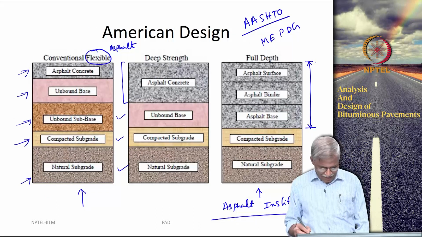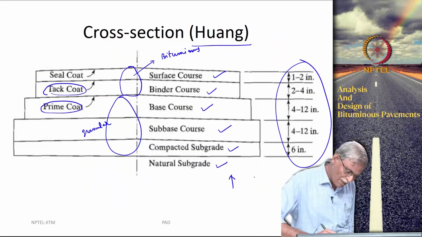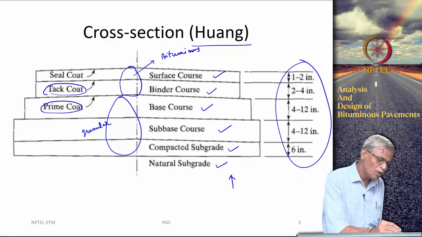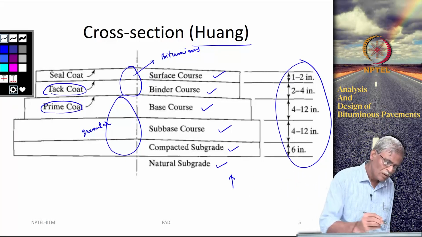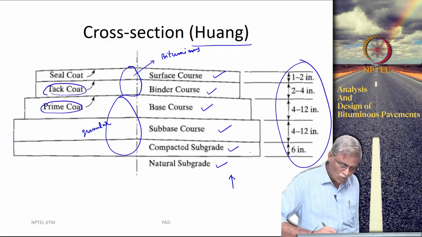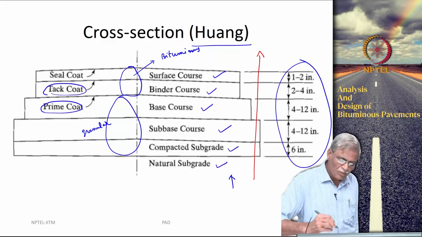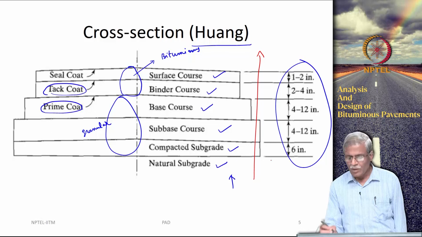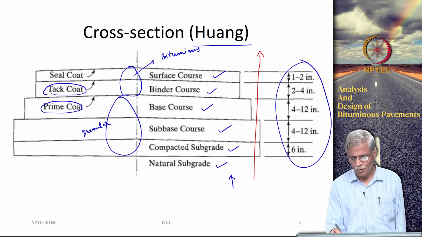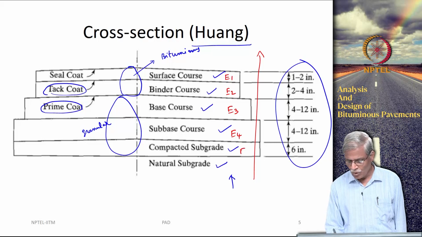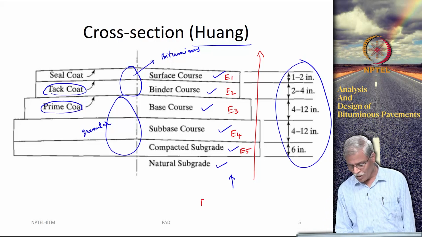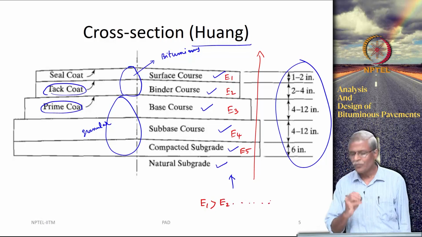Now, the common tendency here is to see that as you go from the bottom to the top, the modulus value keeps increasing. So, if you call this as E1, E2, E3, E4, E5, you are going to see these kind of relations.